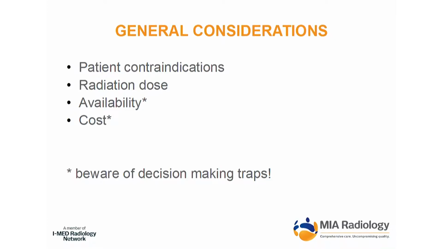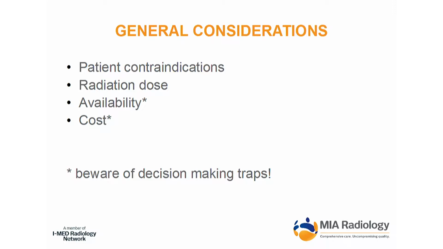So first we'll go through a few general considerations before we go down to individual areas. What are the basic things that you need to think about before you even think about, okay, I want to order an ultrasound for this patient or an MRI for this patient? Patient contraindications is something we'll go through. Radiation dose, obviously hugely topical when it comes to CT, and I'm going to go through some approaches to thinking about radiation dose and CT scanning in particular.